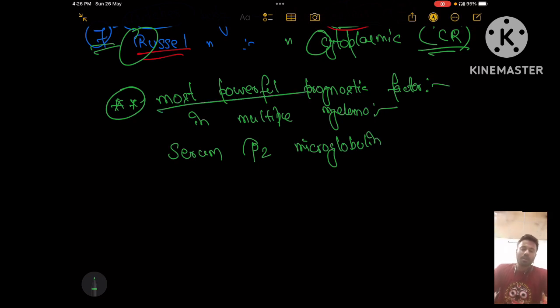So the most powerful prognostic factor in multiple myeloma is serum beta 2 microglobulin.